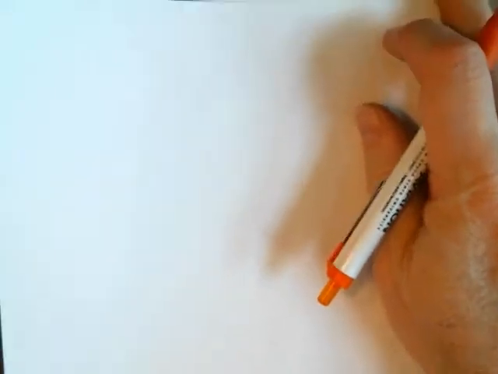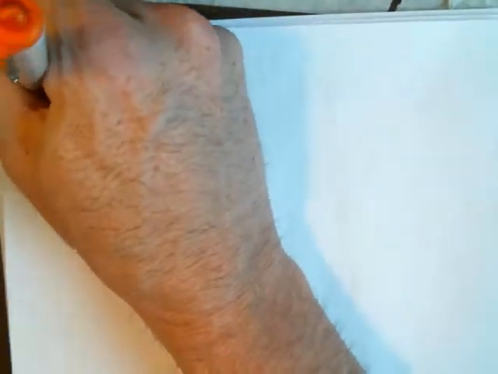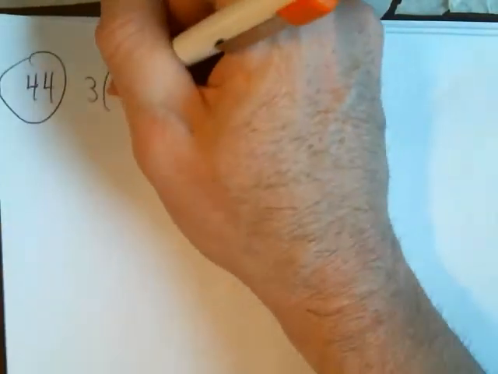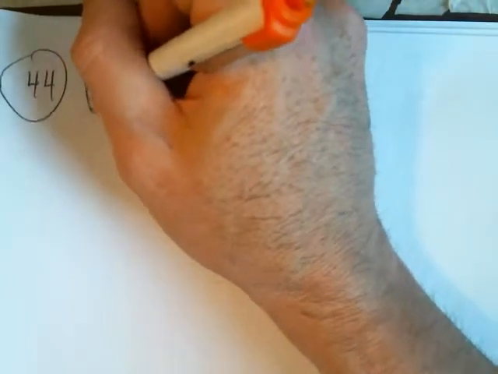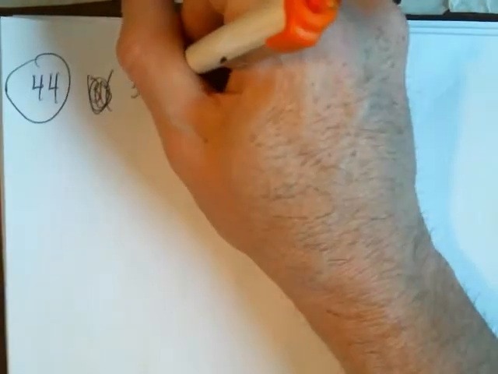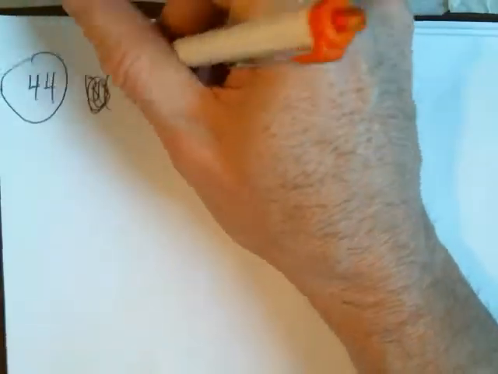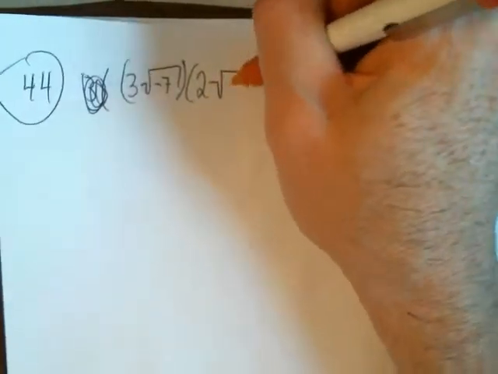Let's look at number 44. What do we have? So I have 3 times the square root of negative 7 times 2 times the square root of negative 8.